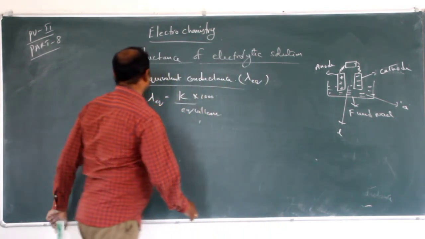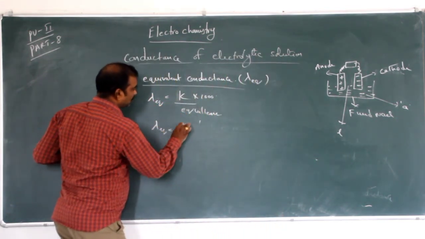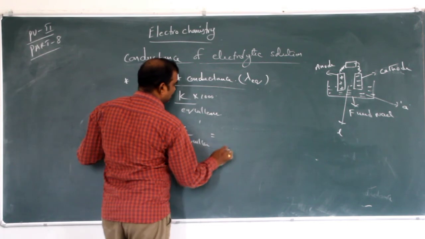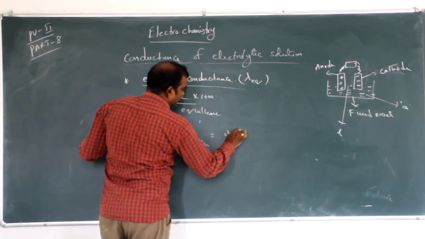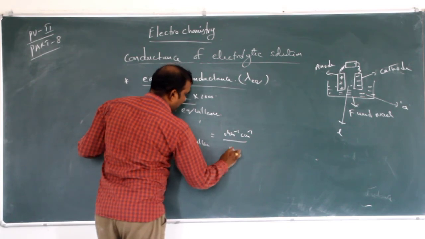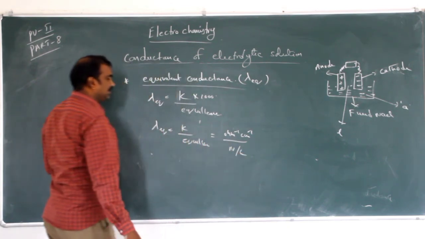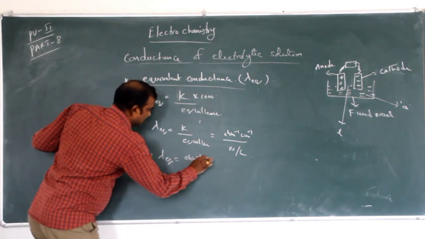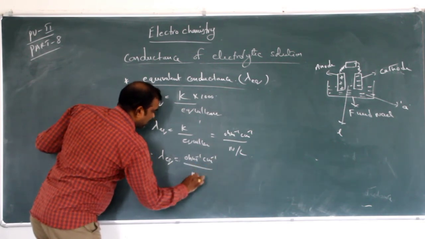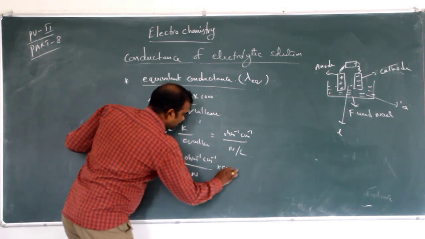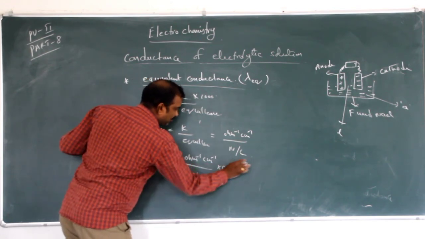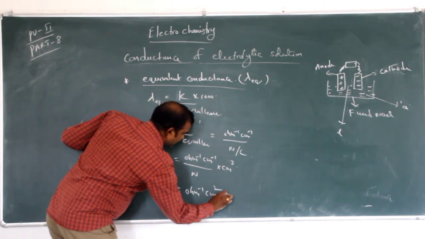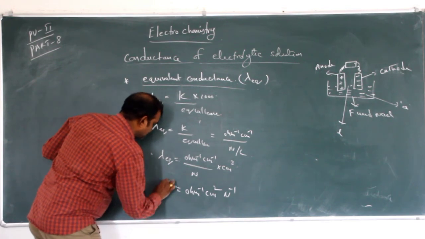Same as the previous, lambda eq is equal to K by equivalents. K is ohm inverse centimeter inverse, and equivalents means normality by liters. So lambda eq is equal to ohm inverse centimeter inverse normality into cm cube of liters, as previously written. That is equal to ohm inverse cm square into normality inverse.